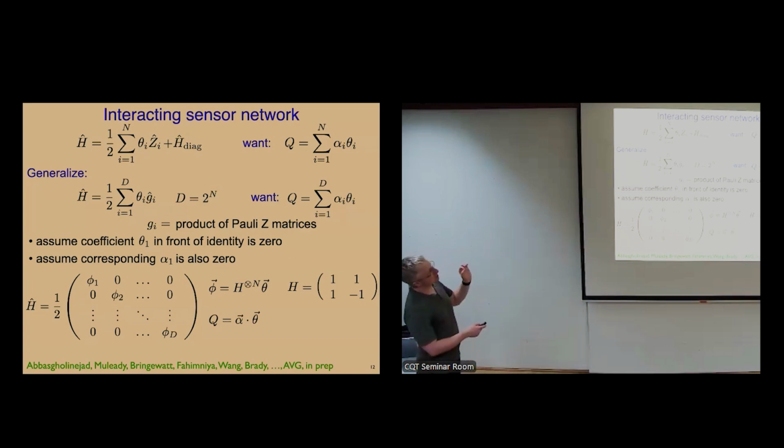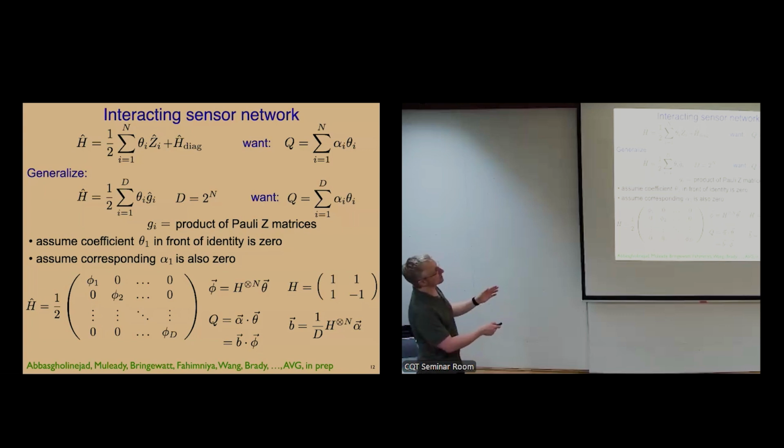So recall that Q is alpha dot theta. So it means that it's also some other vector b dot phi. So what is this matrix b? Well, I'm just changing basis using this Hadamard matrix. So if I change theta to phi, I also need to change alpha to b. And actually, if I put in a 1 over root 2 here, this thing would have been unitary.